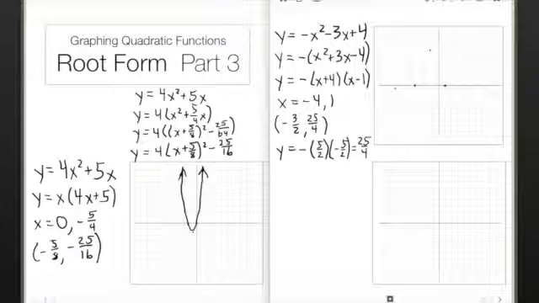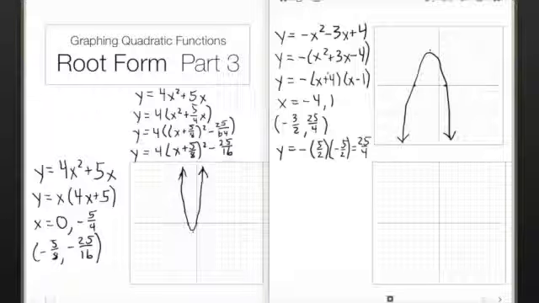Now what do you see with this one? You see that the parabola is going to point downward, and the reason for that is because of this negative out in front. The negative in front of the x squared here, the negative in front of both of these terms in the factored form. When you have a negative coefficient of x squared in the standard form, that means the parabola is opening downward, and that is true for all quadratic equations.